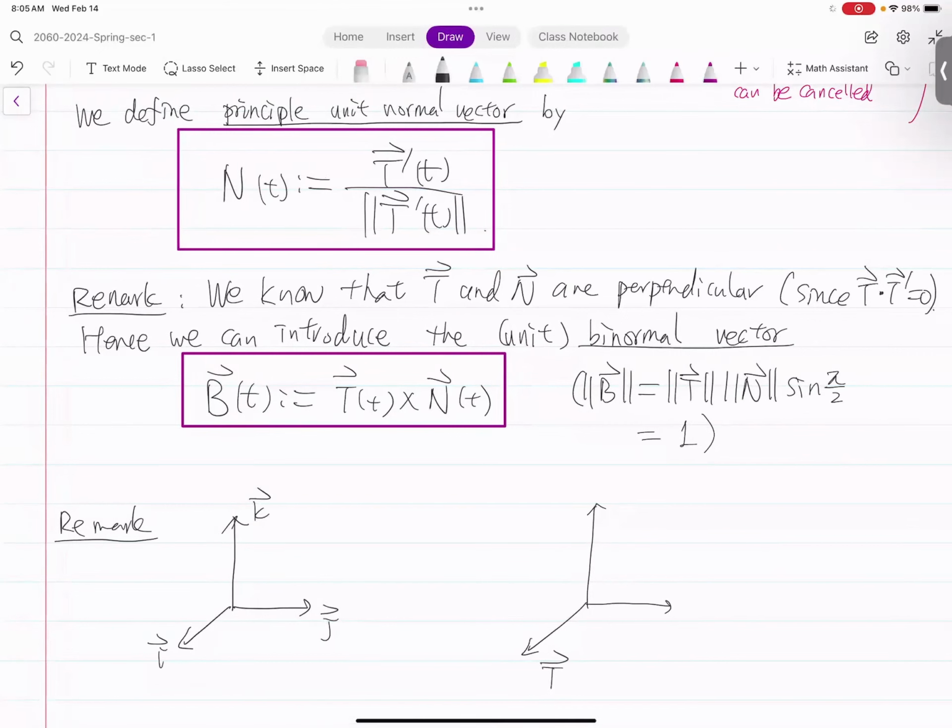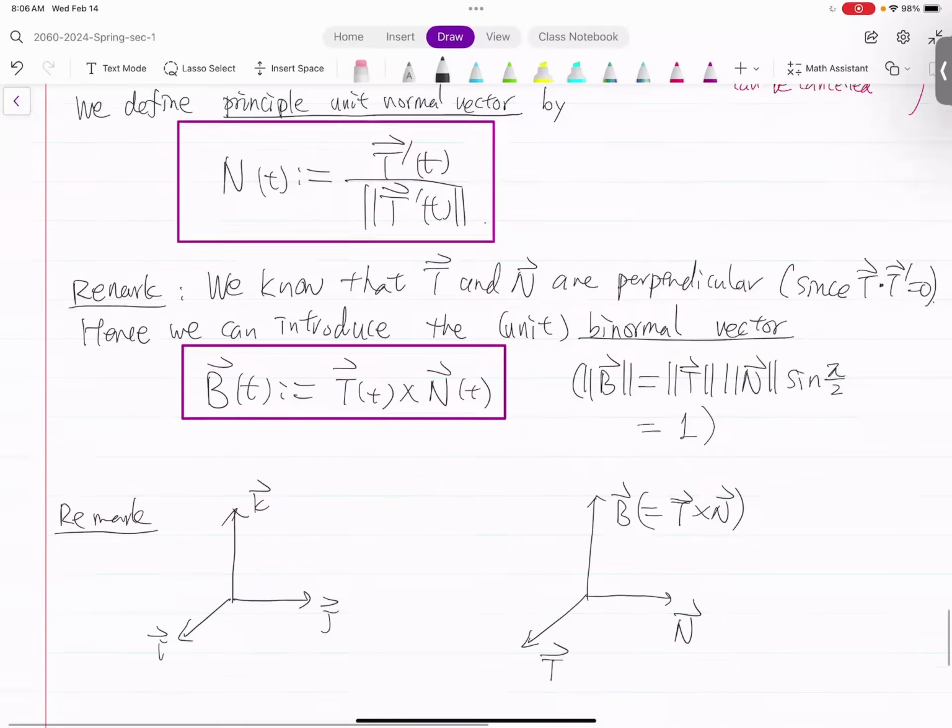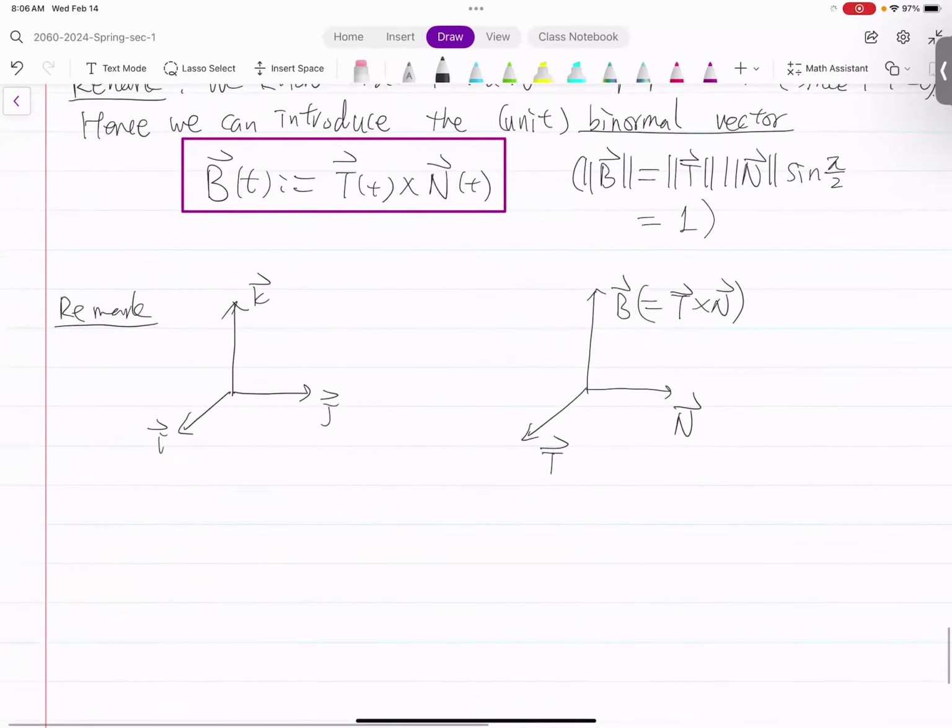So if you start with T and N like this, and then B is T crossing N. So B is exactly the direction that's in place of K. Okay. So this kind of coordinate system we can construct at any time point t, right? So basically, when you're traveling along the curve, you're able to set up this kind of coordinate system.